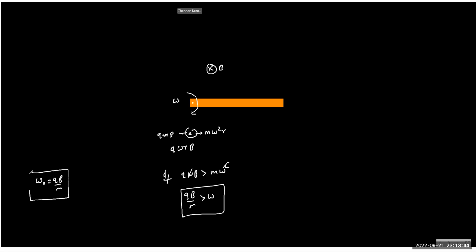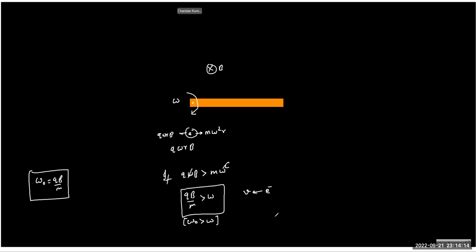So if I choose the angular frequency as we saw in magnetism, if omega naught is more than omega, it means the electron will move inward. So the center of rotation will be at low potential and the extreme will be at high potential, and vice versa.